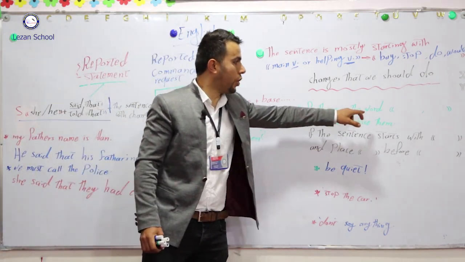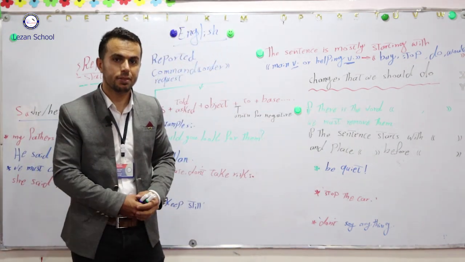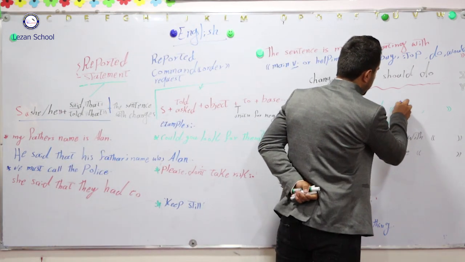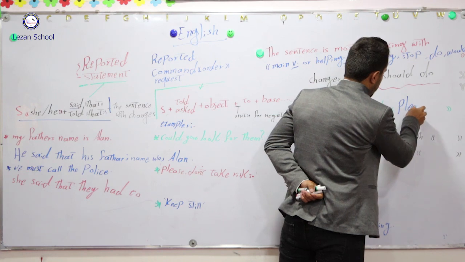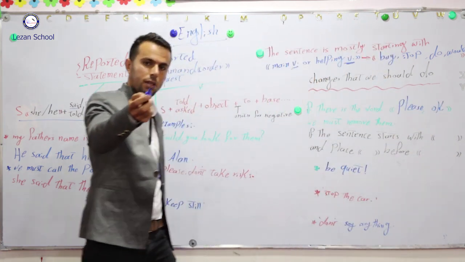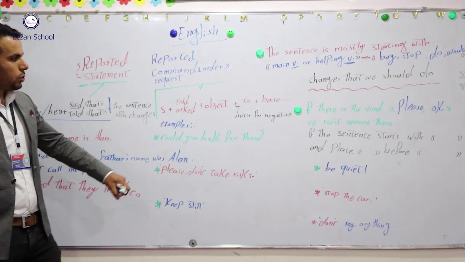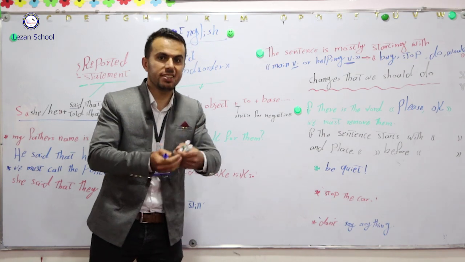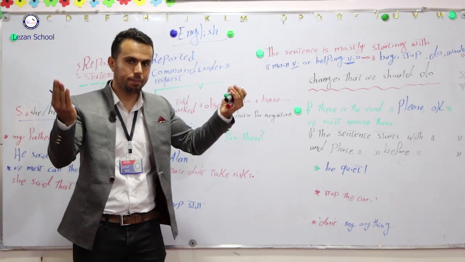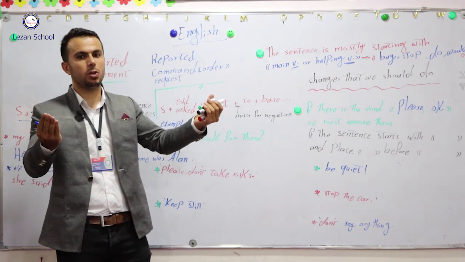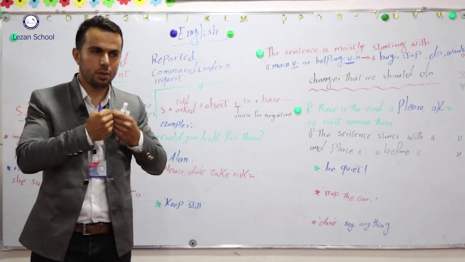If there is the word what? Please, or okay. We must. When we say we must, which means there is no way. Must is different from have to. Must means there is no way.